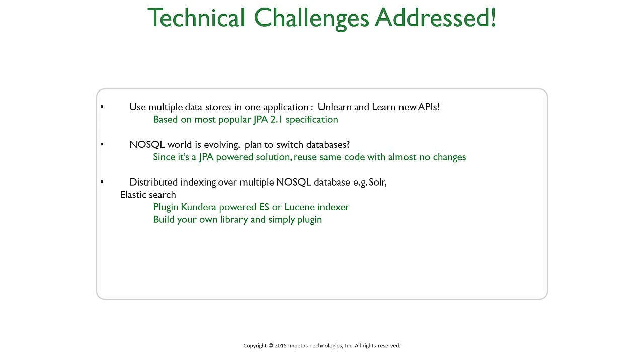Also, with the change in requirement, the data store switching has been achieved by a simple configuration change, and it is again the JPA compliance which has led to the reuse of code. Indexing was equally simple to achieve by specifying the attribute to be indexed within the index collection annotation for the desired object. This can be done with Elasticsearch or Lucene by adding an indexer property in persistence.xml.